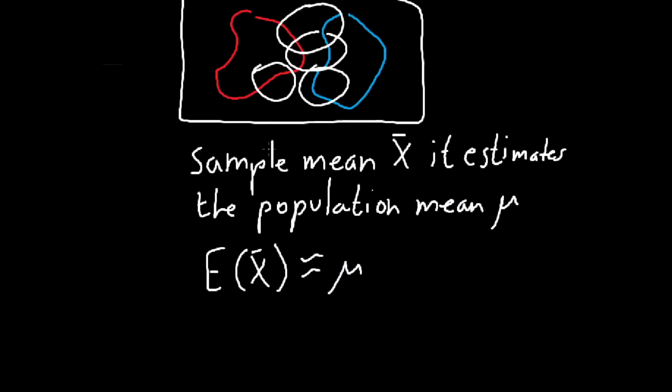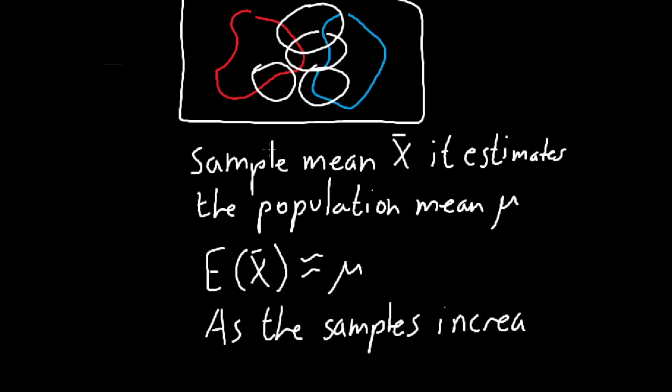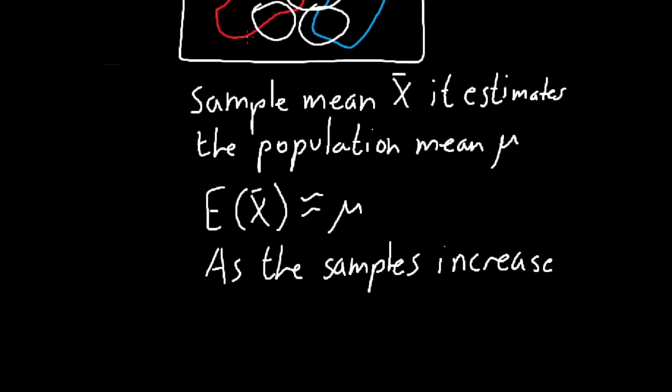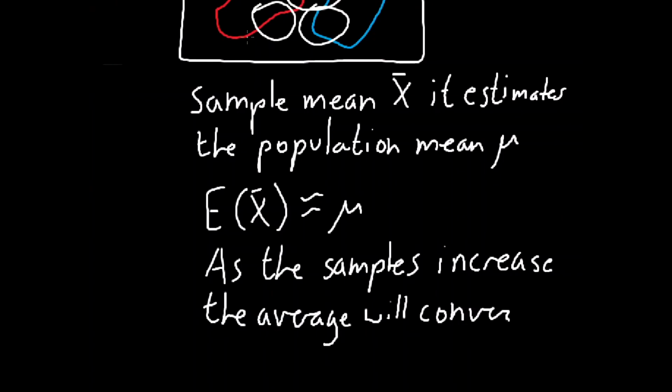And as we increase the number of circles, so as the samples increase, the average of the means will converge to mu.